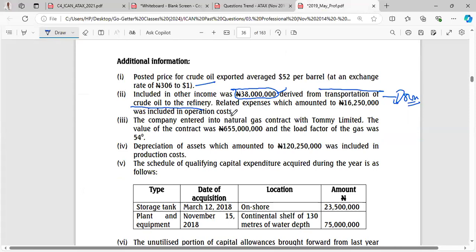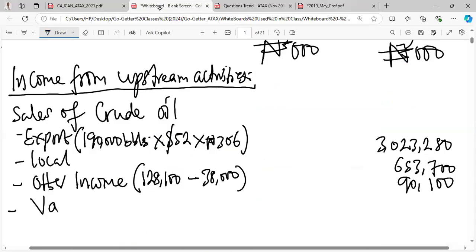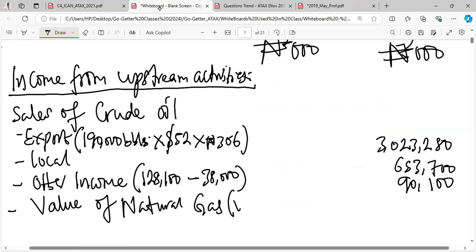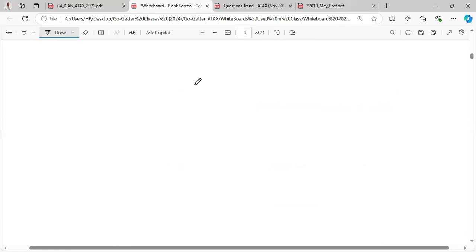The company entered into a natural gas contract with Tommy Limited. The value of the contract was 655 million, and the load factor of the gas was 54. So we'll come here, value of natural gas. Let's look at it from workings. Let's say workings 1. So let me do my workings from page 5.